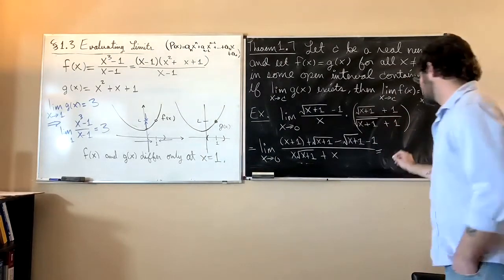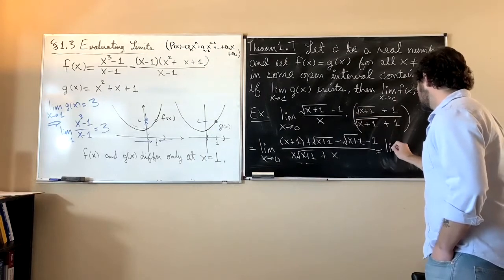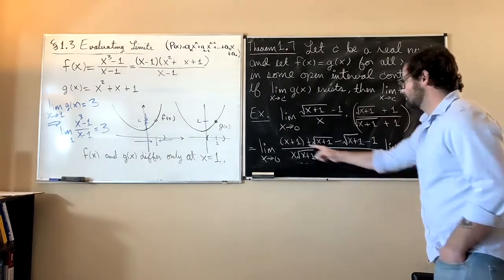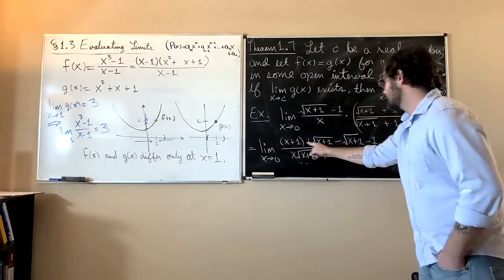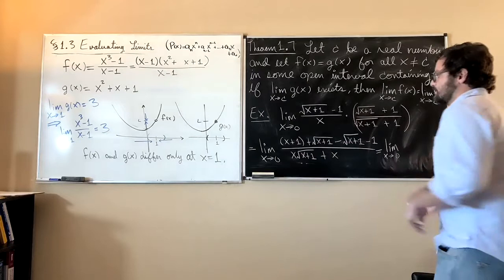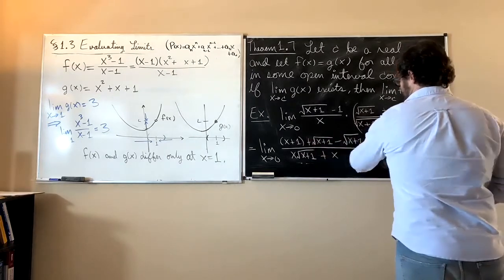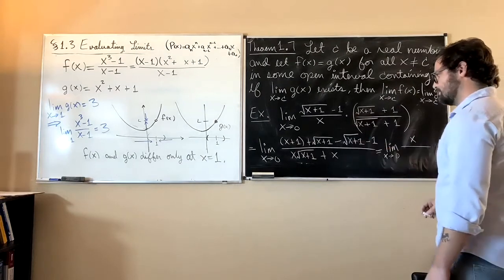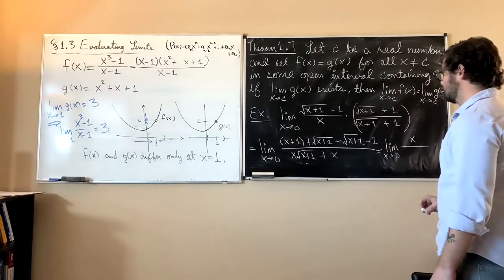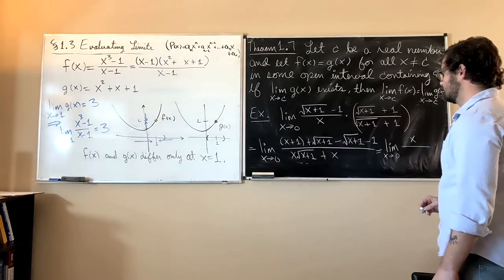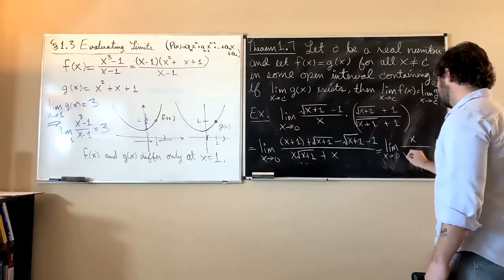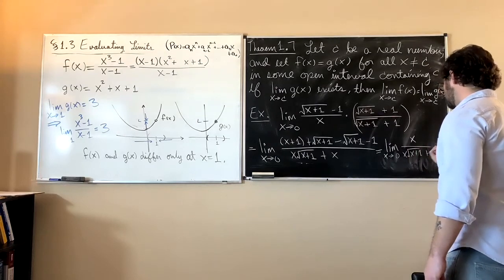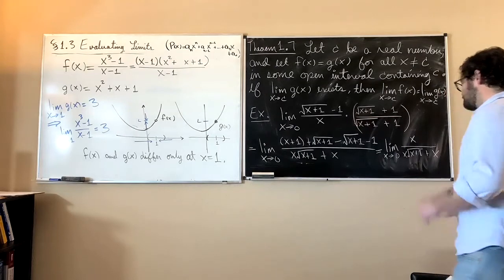So if we simplify this out, we get the limit as x approaches 0 of, simplify the numerator, that minus that is 0, that minus that is 0, just left x. And then in the denominator, we get x root x plus 1 plus x.